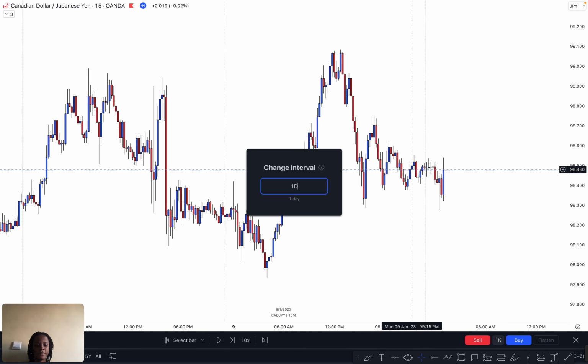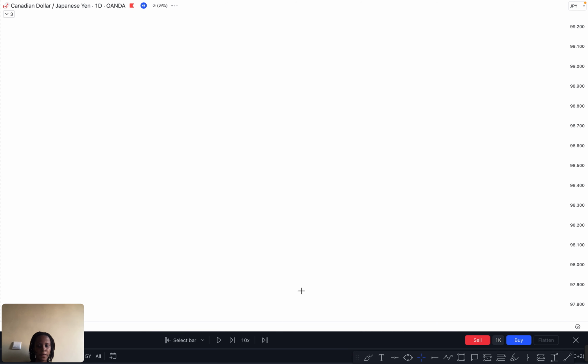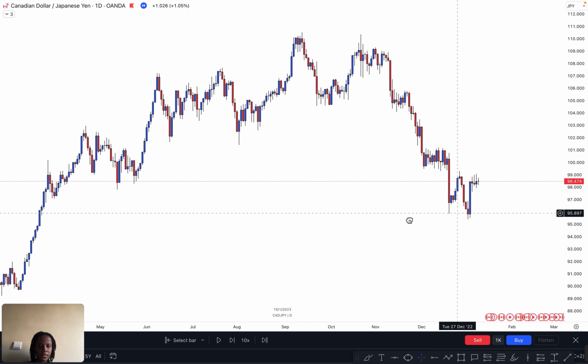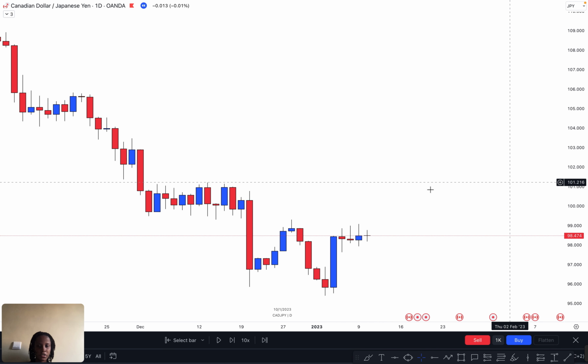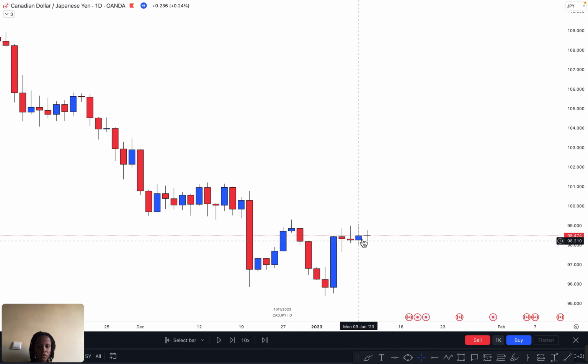Let's see on the daily time frame how the candle closed. You can see the candle closed bullish. So it makes Tuesday an ideal day to trade because the trade started trending bullish again. So let's go in M15 and search for entries.